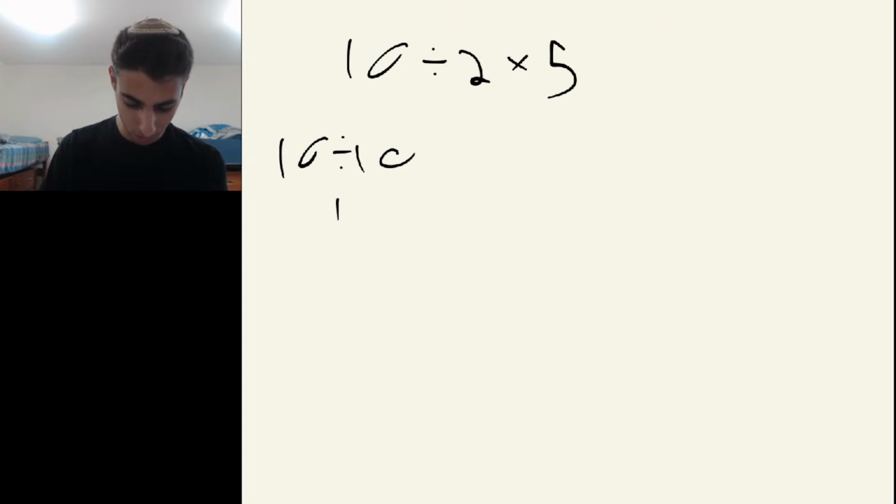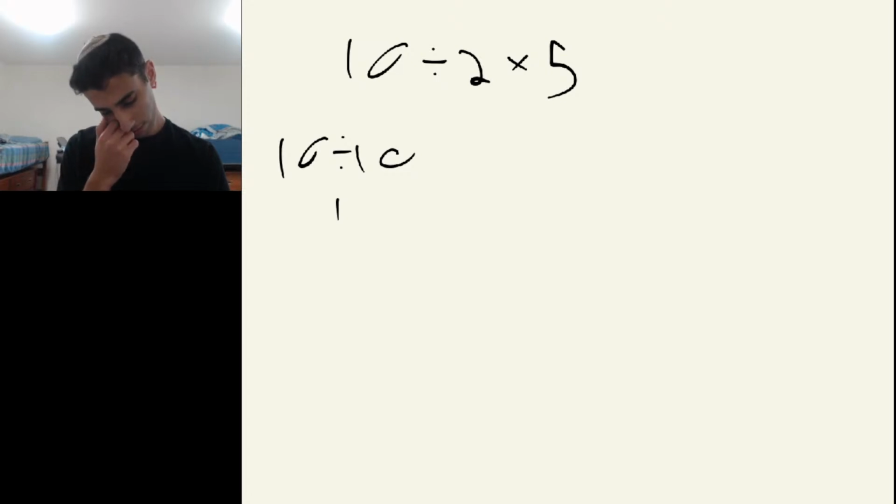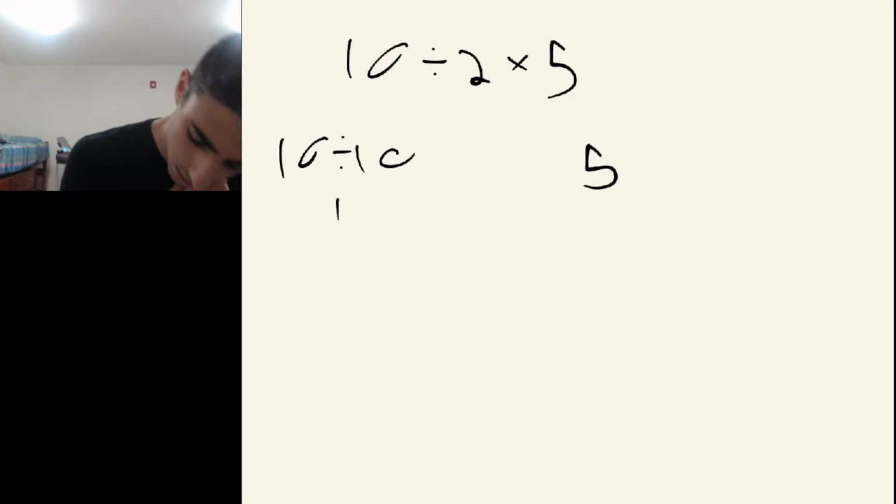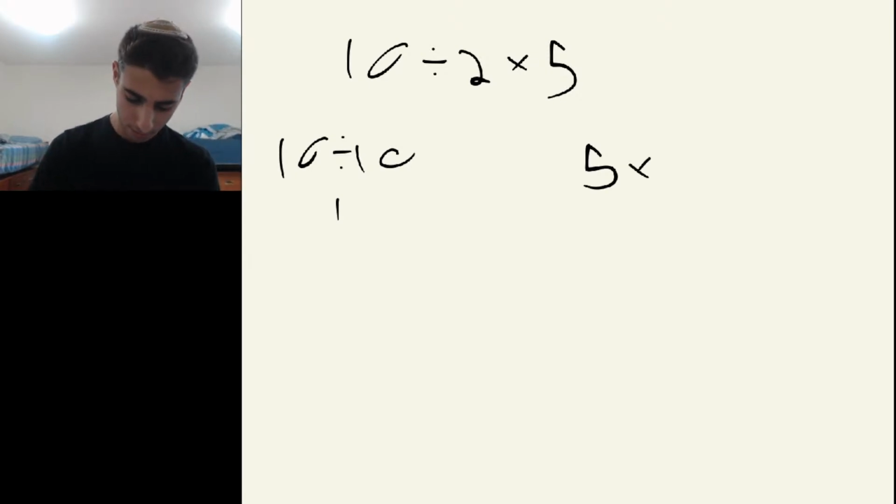Now 10 divided by 2. Uh-oh. 10 divided by 2 times 5 is going to be 10 divided by 2 is 5. Uh-oh, we have a problem here. Yeah, 5 times 5 is 25.